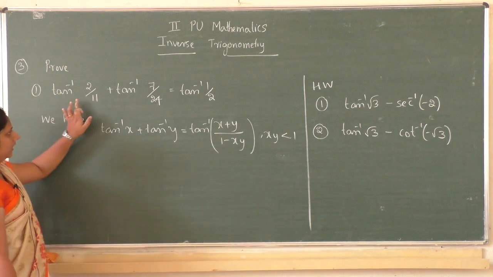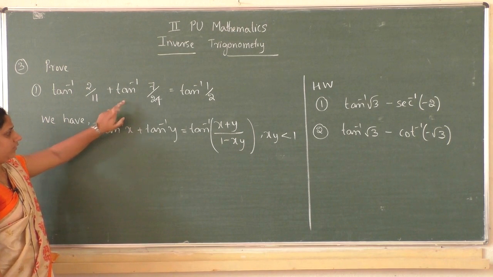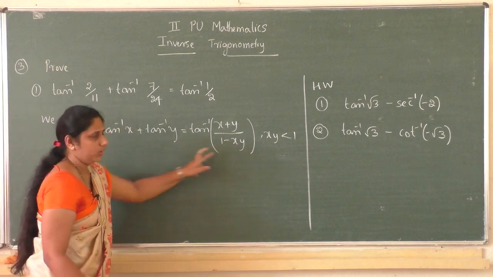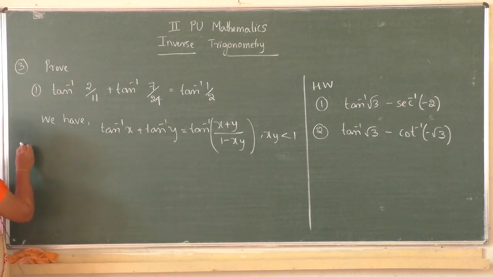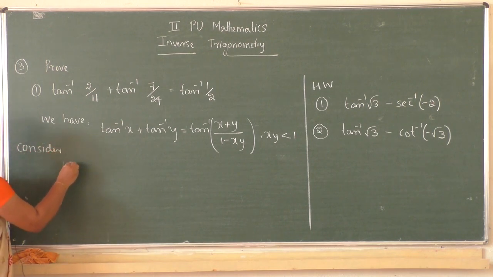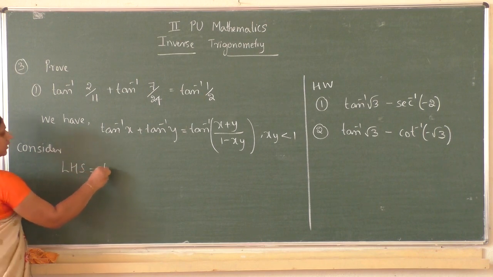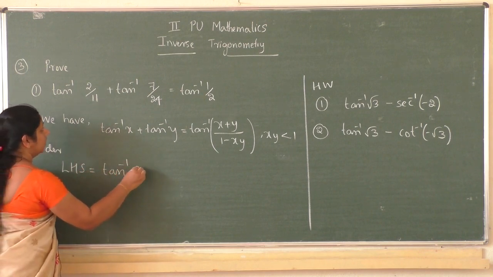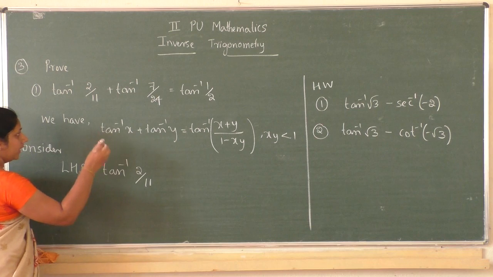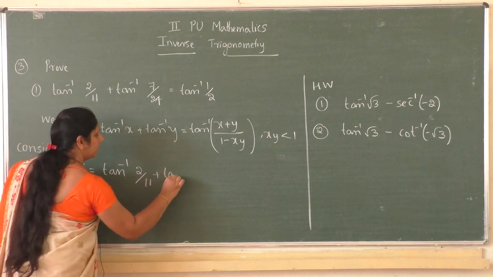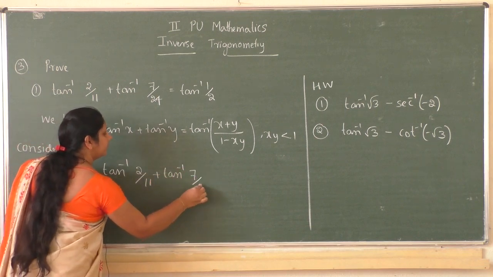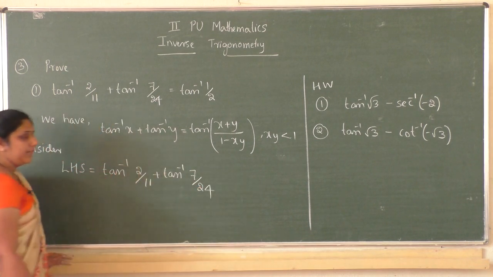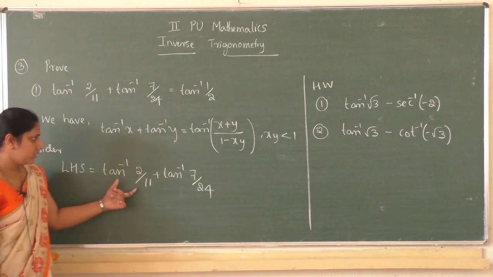Now for the left hand side of this equation, we have to use this formula. So I will consider the left hand term, that is LHS equal to tan inverse of 2 by 11 plus tan inverse of 7 by 24.